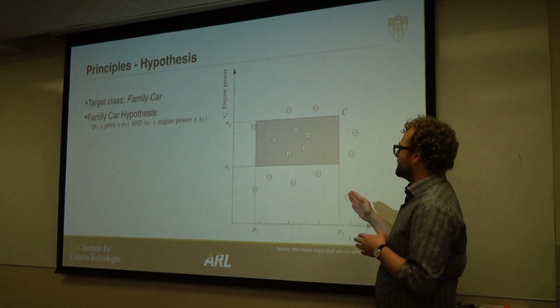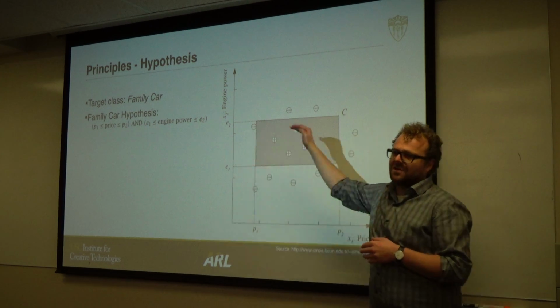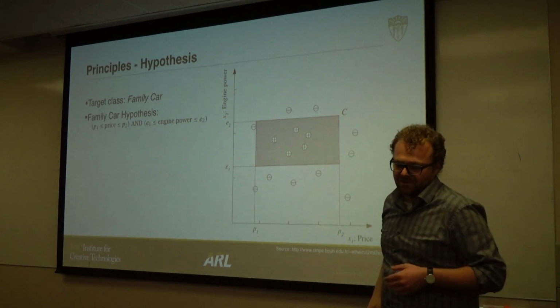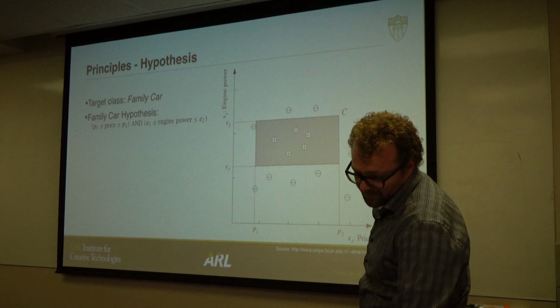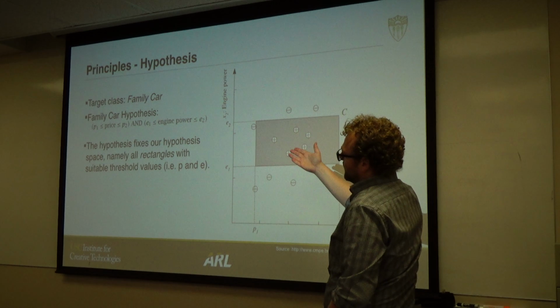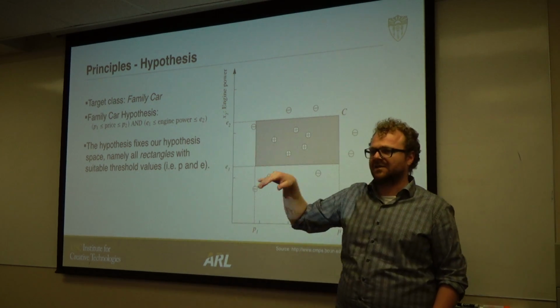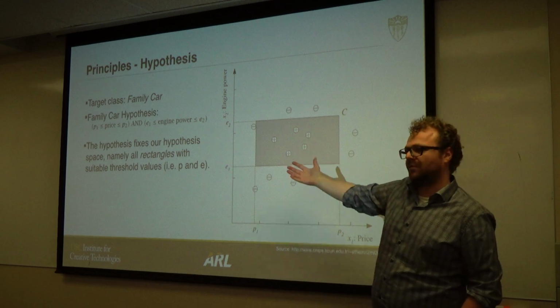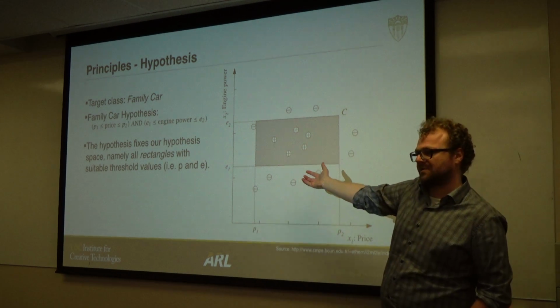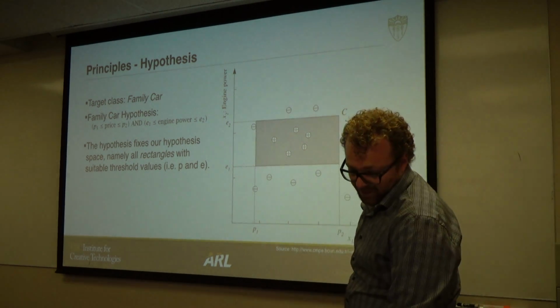So if I have the ability to find 2 thresholds on each feature, that's what my hypothesis space looks like. And this can be named the hypothesis space of all rectangles, okay? I can define any rectangle with 4 thresholds, and that's my hypothesis space. Is that clear? All right.